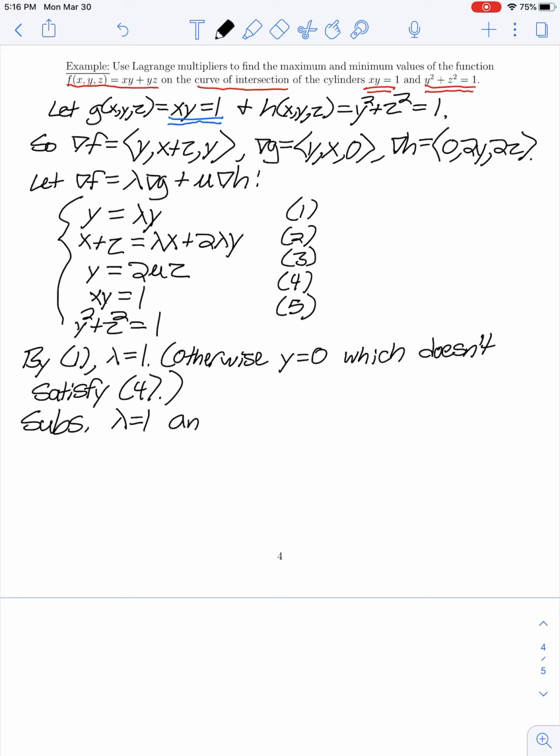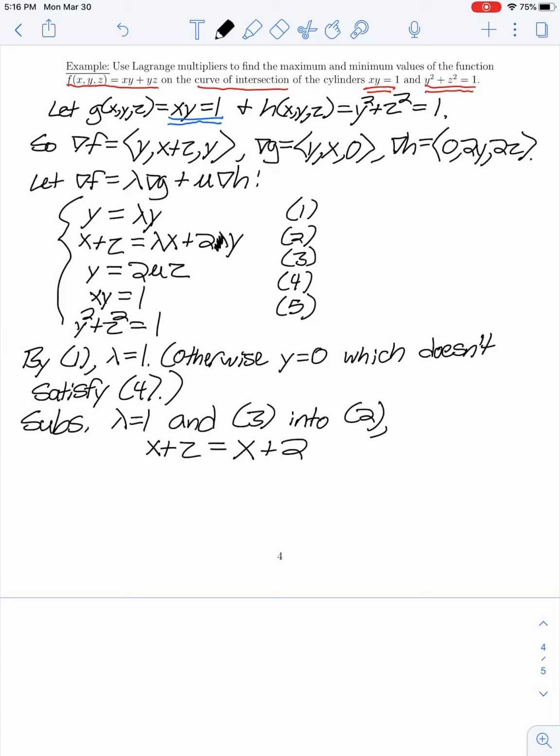Now, if we were to substitute lambda equal 1 and equation 3, which says y is equal to 2 mu times z, into equation 2, let's see what we get. The left-hand side of equation 2 is x plus z, which has to equal lambda times x plus 2 mu times y. Let's see, this should be mu here in my second equation, not lambda times y.